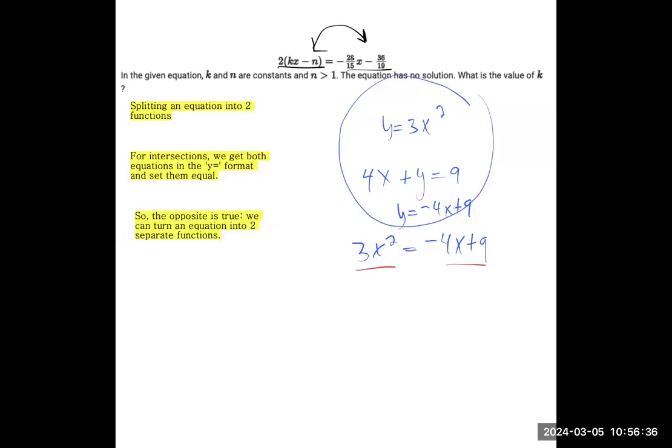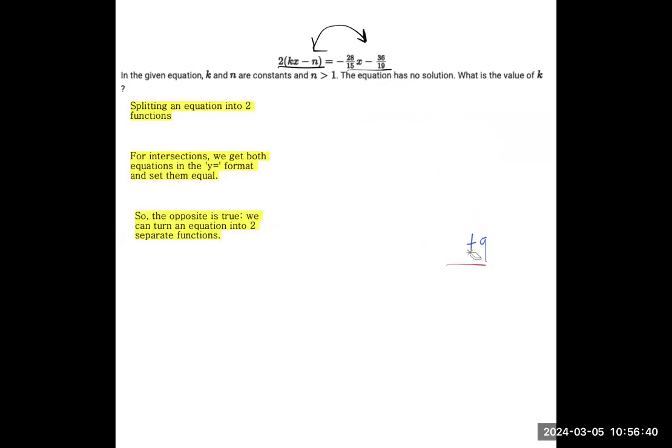So this we can imagine is an intersection. And now the idea that there's no solution makes more sense, because they're telling us we have two functions and these functions never hit each other. Now, what kinds of functions are they? They're lines. We know they're lines because lines will have x and also y to the first power.